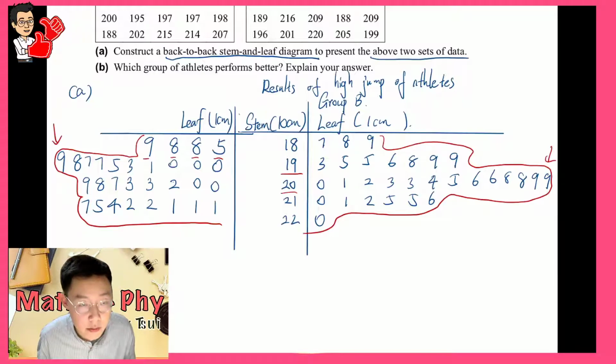So we can say that for group B, most of the athletes are above 200 cm. However, for group A, there are more data that are 200 cm or below.